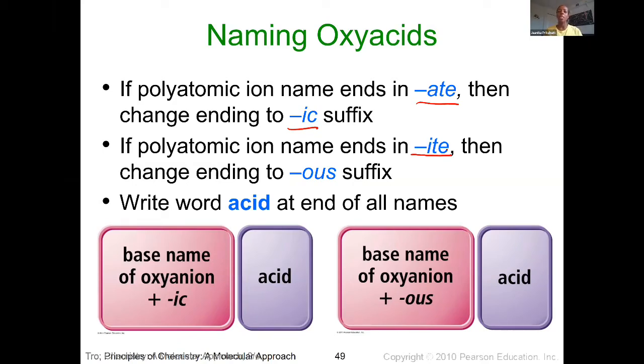And this naming system really helps us to distinguish these things. So if we had something like HCl, which is a binary acid, versus HClO versus HClO2 versus HClO3 versus HClO4, well, now by incorporating these two naming systems, we can name each of these differently.